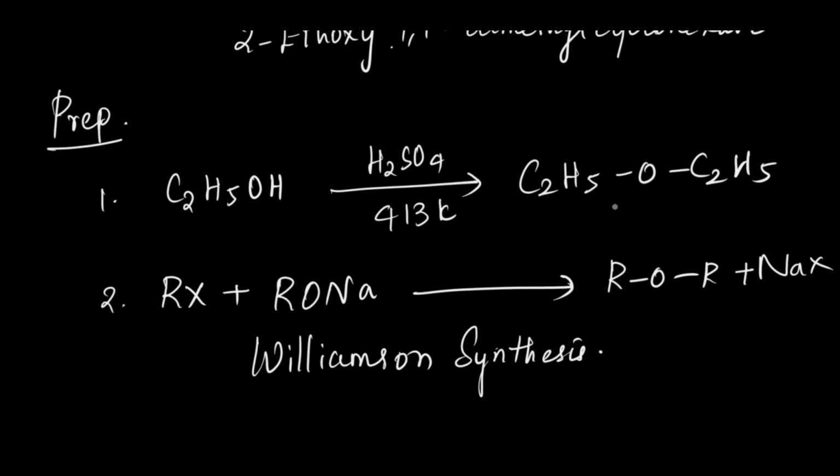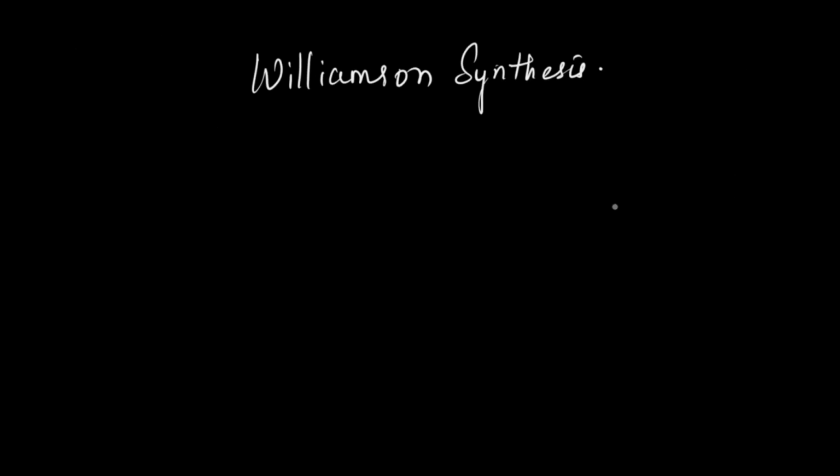Talking about the boiling point, ether is a more volatile compound. As molecular weight increases, of course the volatility decreases. Ethers can react with HX, HCl, HBr, like that, to give RX and alcohol.